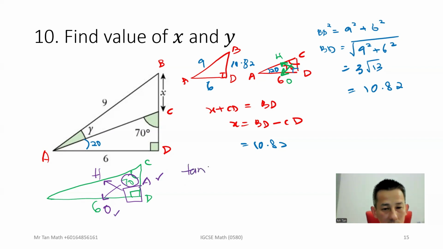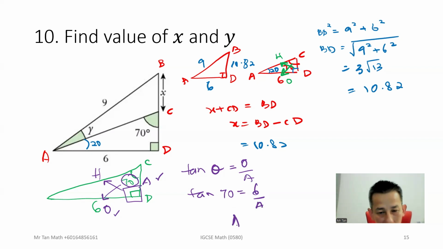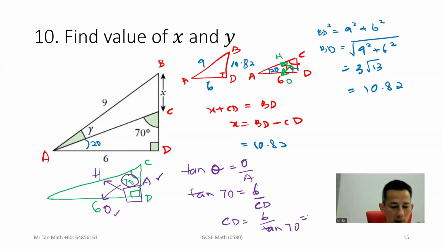So tangent 70 equal to tangent theta equal to O over A. So tangent 70 equal to O is 6. And this is A. CD, just put A. Therefore, your A is equal to, I put CD. So CD is equal to 6 over tangent 70. You should get 2.18.